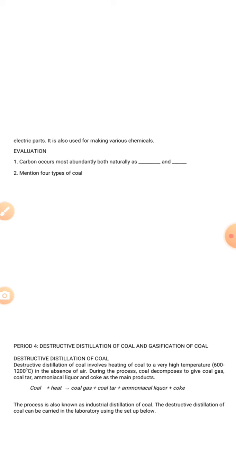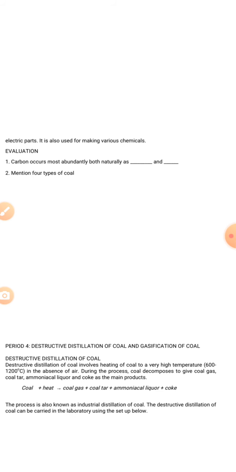Number one is coal gas, number two is coal tar, number three is ammoniacal liquor, and number four is coke. So that's what you get when you break down coal. That's the meaning of destructive distillation. It's not that you destroy it. Well, you destroy it in a way, but it will give you some other useful products.